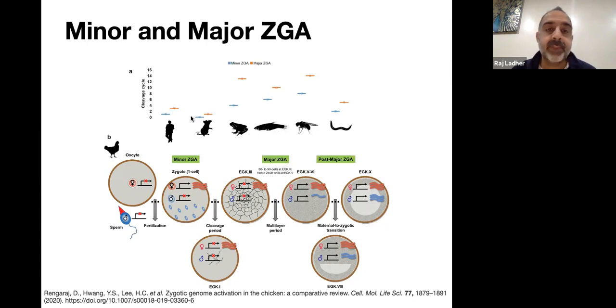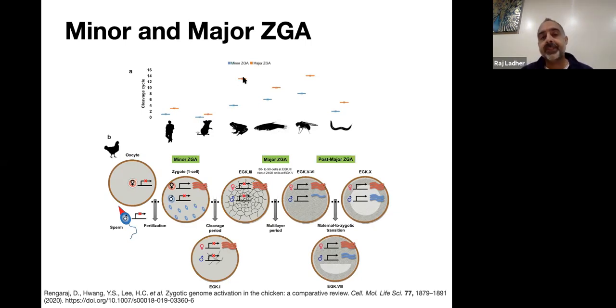The timings of these vary a lot, and you can see here in the mouse, for example, minor and major ZGAs essentially complete by the second division. In frogs, the fourth division is when you get the minor ZGA, and by the 14th division, the major ZGA occurs.